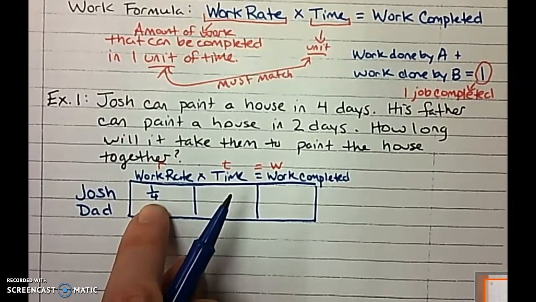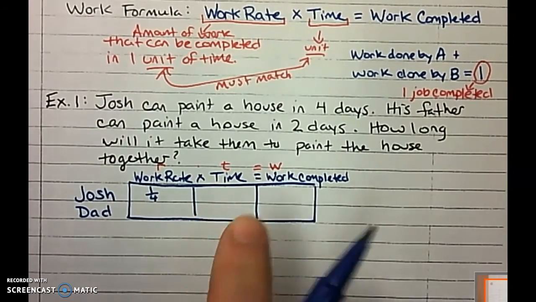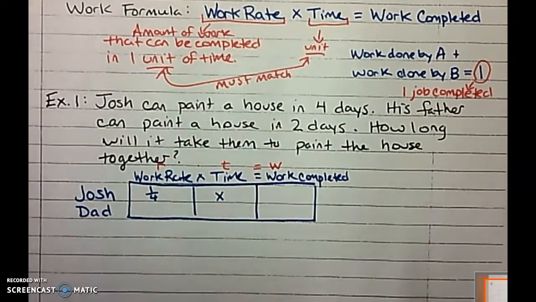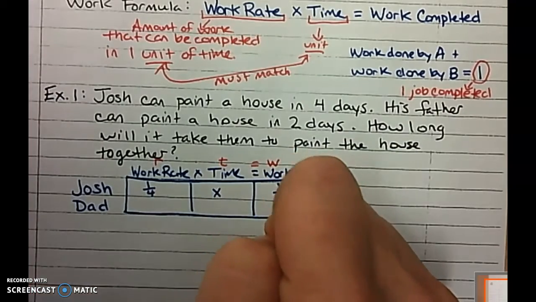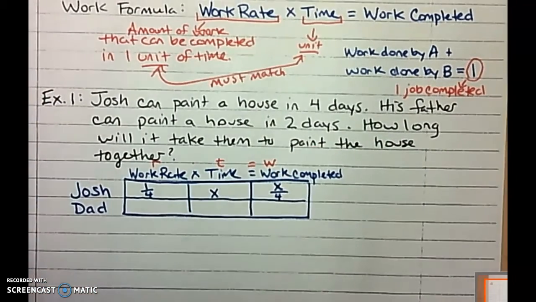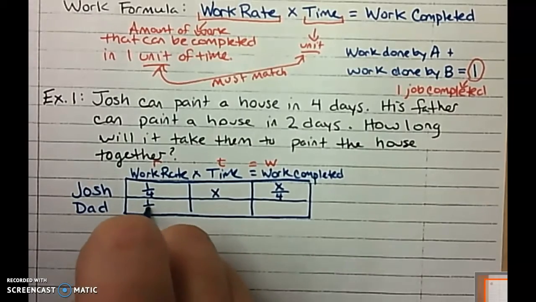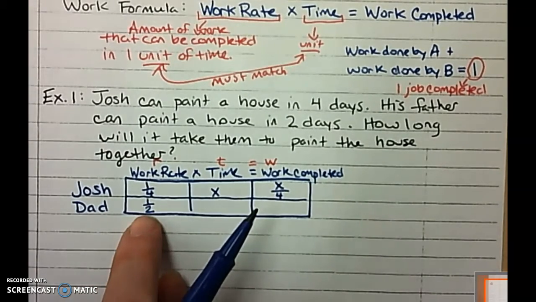Okay, when they worked together, we don't know how long it took them. So that's going to be our X, because they were painting for the same amount of time, some amount of time that we don't know. Now when we multiply this across, we get X over 4. Now, the dad can paint the house in 2 days. So that means after day 1, half of the house is painted. And then day 2, another half of the house is painted.